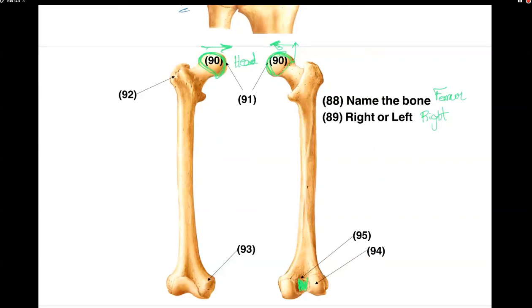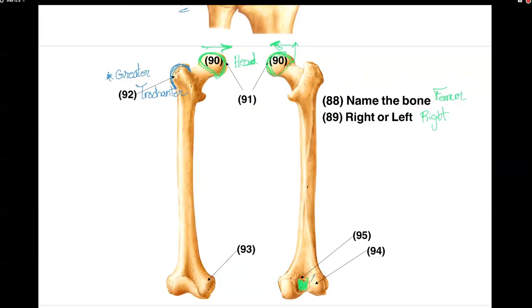How about this large bony eminence on the opposing side to the head? This is my greater, but not tubercle like the humerus. What do we call this? It's a trochanter, exactly. It's a greater trochanter.